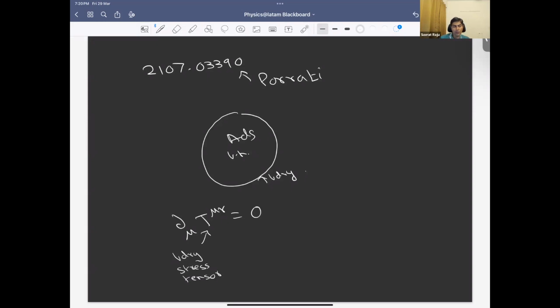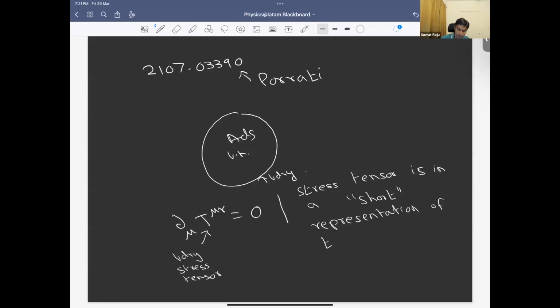In conformal representation theory, this is the statement that the stress tensor lives in what's called a short representation of the conformal algebra.